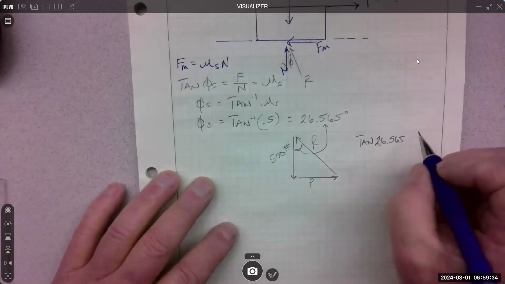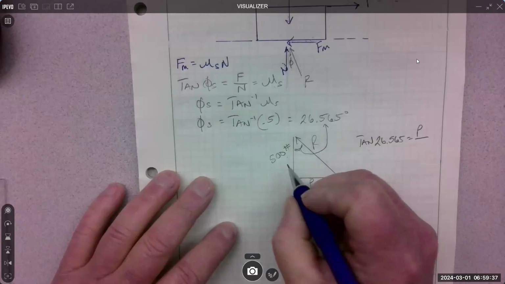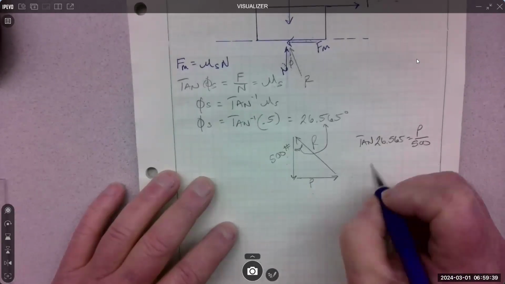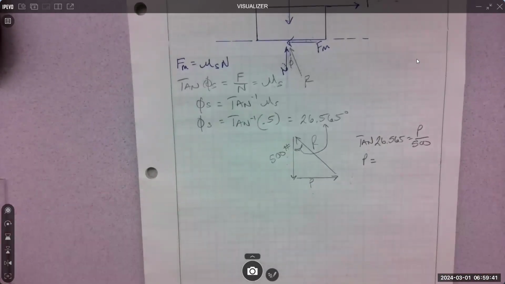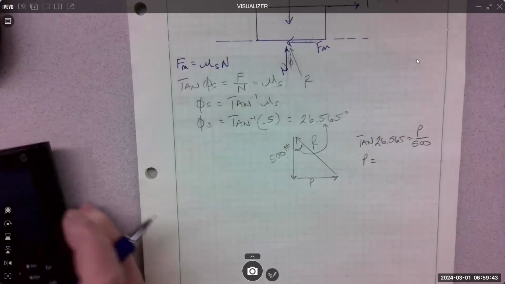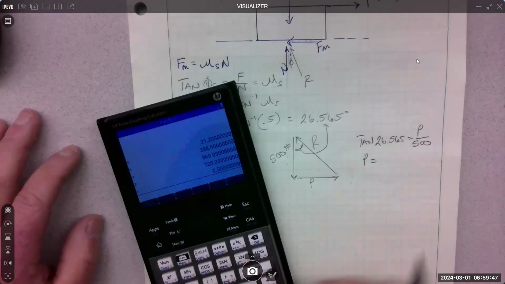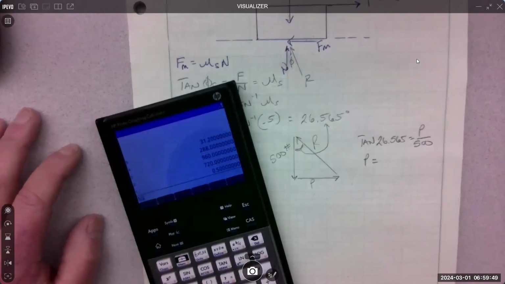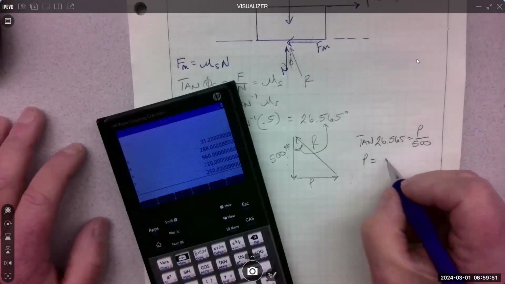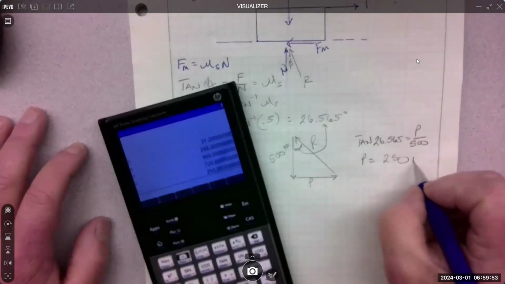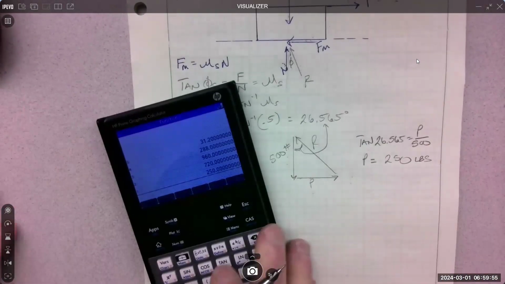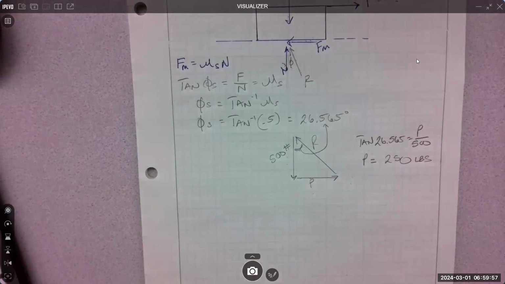Tangent of this is opposite over adjacent. So P equals tangent of 26.565 times 500, which is 250 pounds. All right. So let's check it.